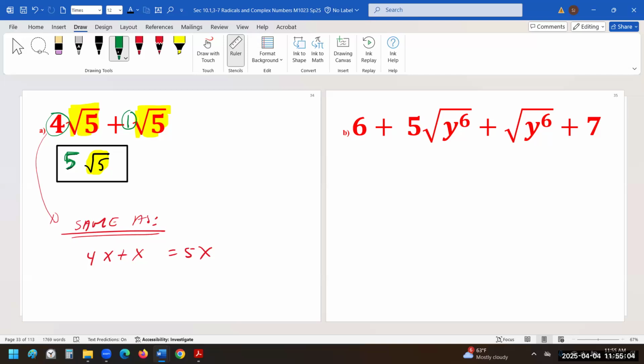Do you see any like terms in the next example? Any like terms? 6 and 7. So how much we get from 6 and 7? 13. Do you see any other like terms?